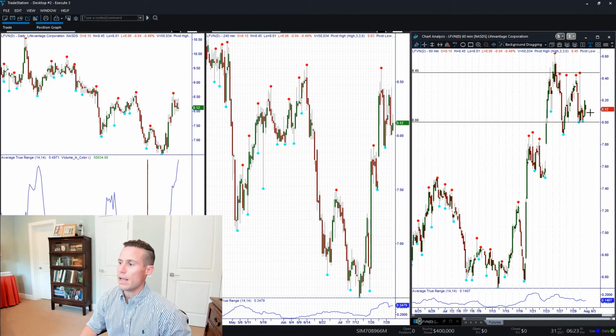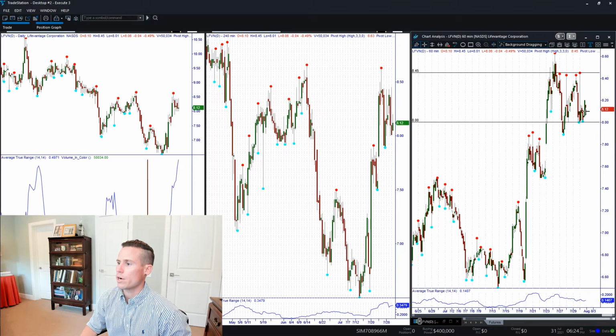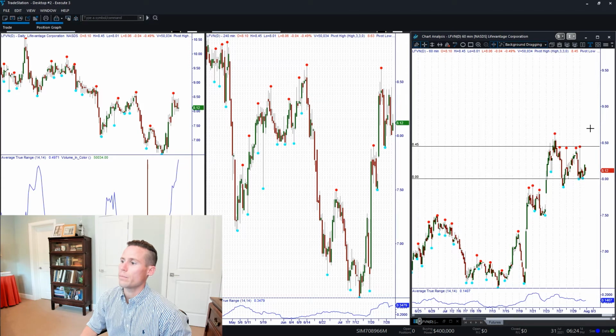So regardless, kind of at the low of this move, you're automatically put at 845. You need price to rally beyond that point, essentially past the high of that day, for you to be in profit.